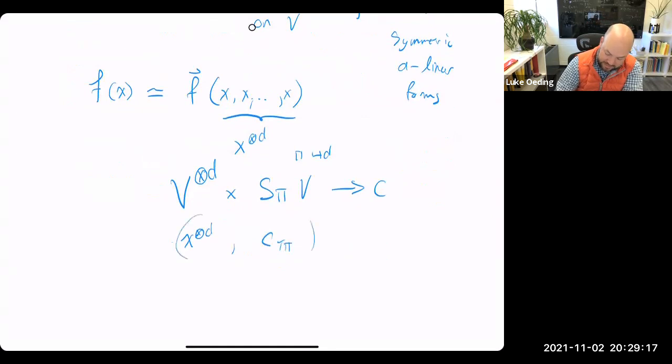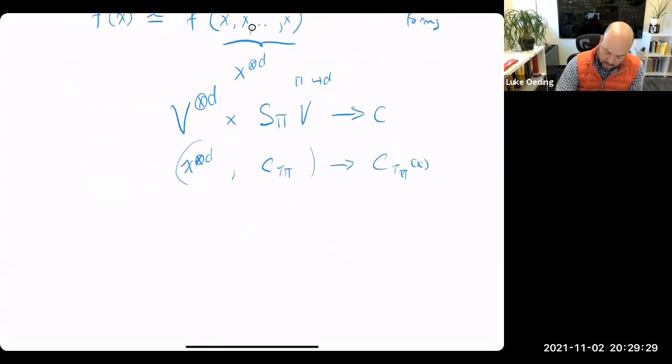And again, this is going to go to CT_pi of x, and this turns out to be quite useful. So let's do this example with the hyperdeterminant again. Let's warm up with the Segre. Here's a point on the Segre, A tensor B tensor C. Okay. And I would like to pair this A tensor, this is my X for this discussion.